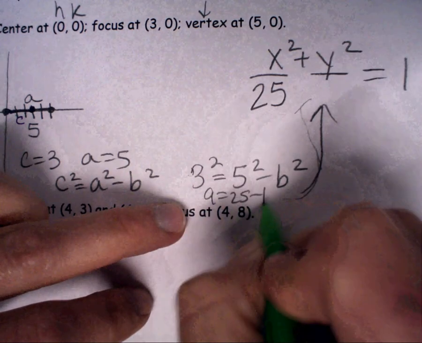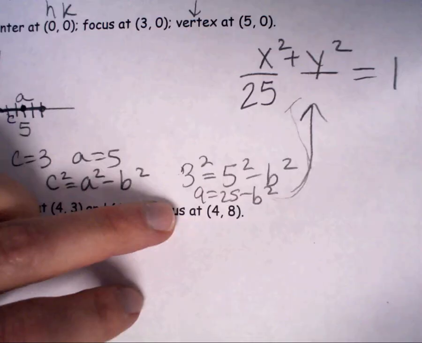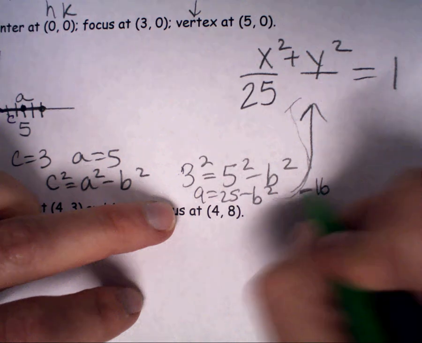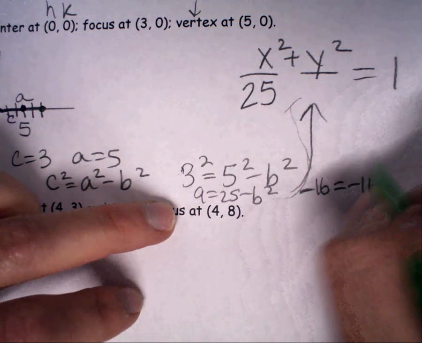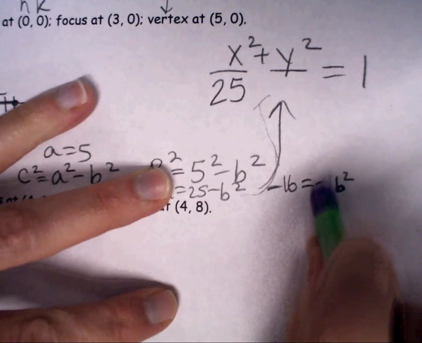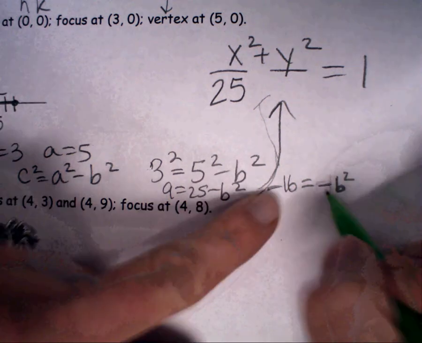If I subtract 25, I get negative 16 equals negative B squared. I know that b can't be negative because the negatives are going to cancel, so my b squared is 16.